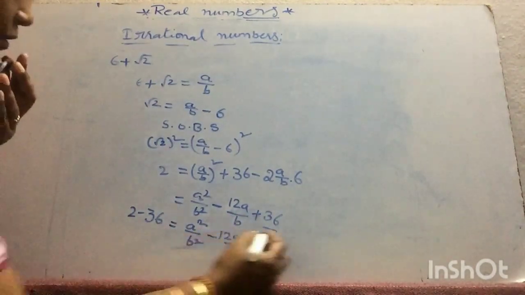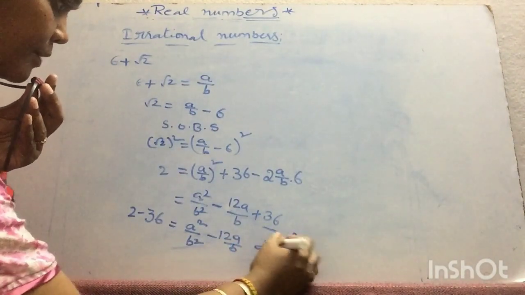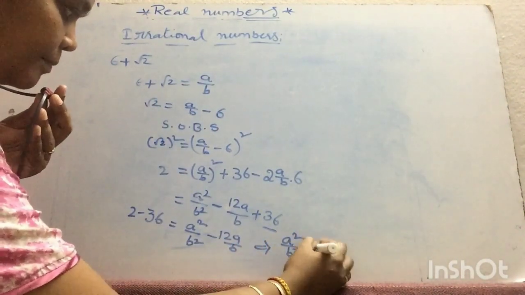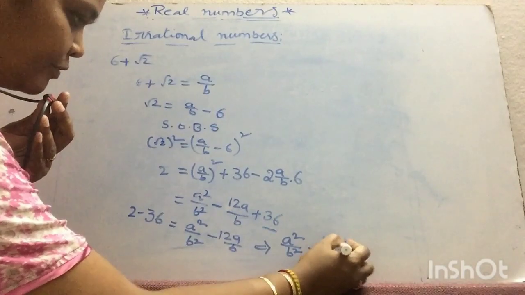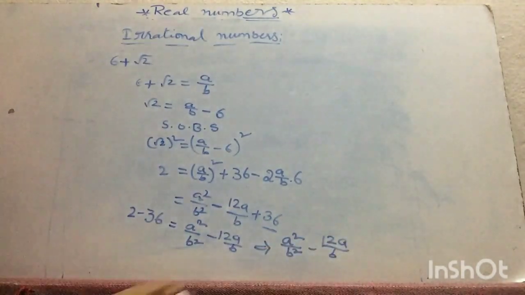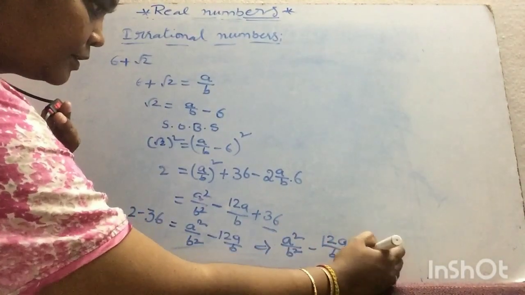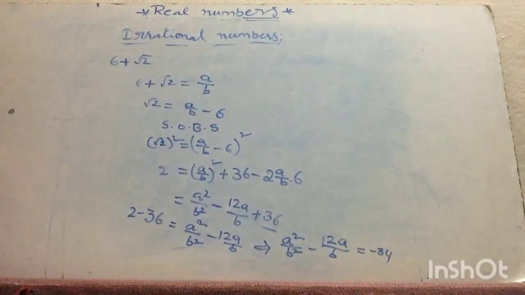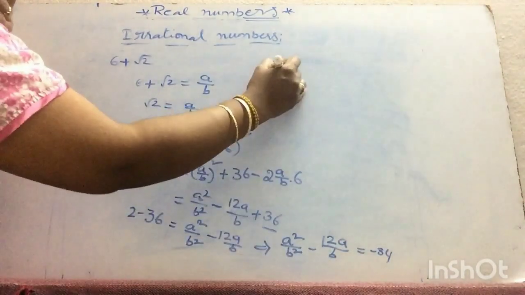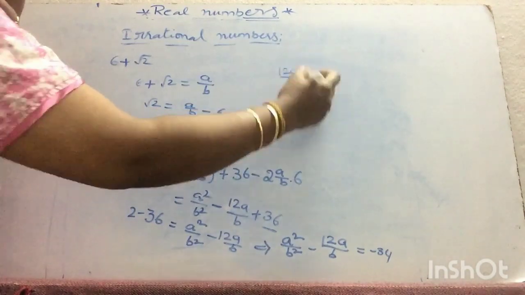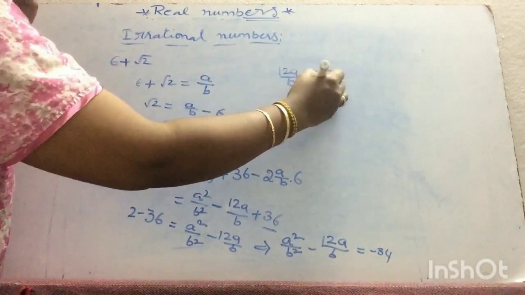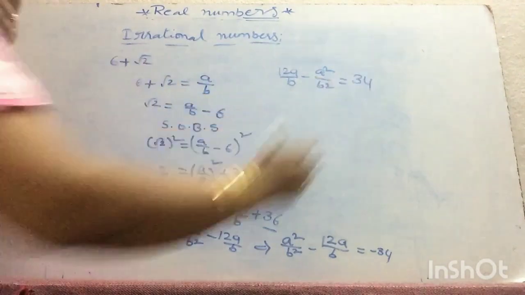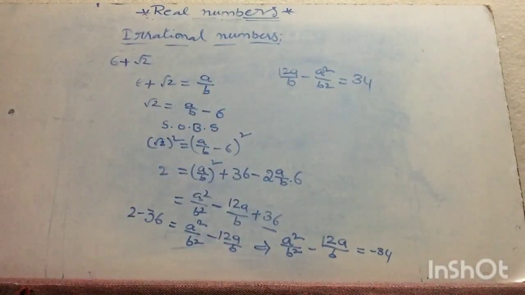Then we get a square by b square minus 12a by b equal to 34. Now I will write this equation as 12a by b minus a square by b square equal to 34.